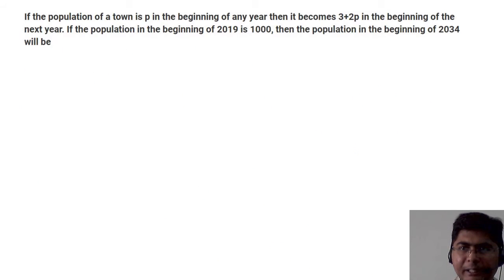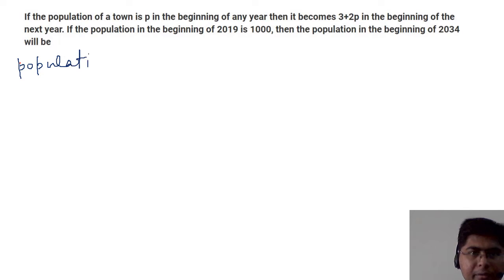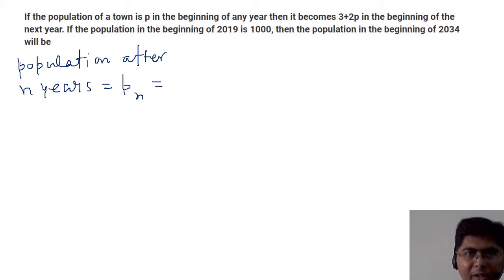So let's say population after n years, which means Pn is equal to how much? 3.